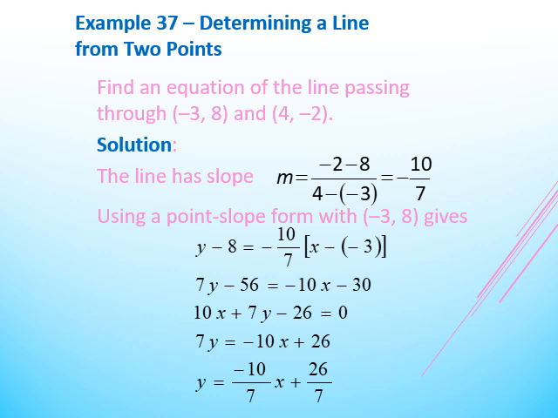Now let's move to example number 37, determining a line from 2 points. Find an equation of the line passing through (-3, 8) and the other ordered pair (4, -2). We first should get the value of the slope, which is m.